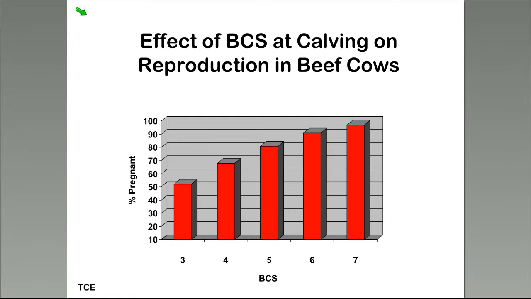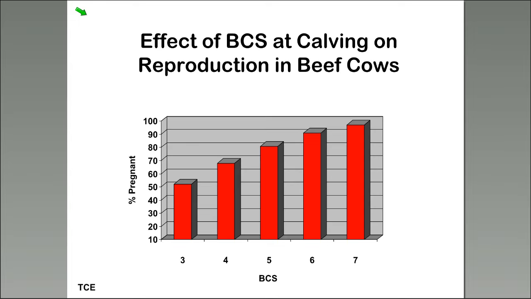Probably every extension agency of all 50 states has a graph that they've produced that looks something like this, and you can find them from various research organizations around the world, and they're all going to look basically the same. The height of the bars may change a little bit, and they may use a different body condition scoring system.